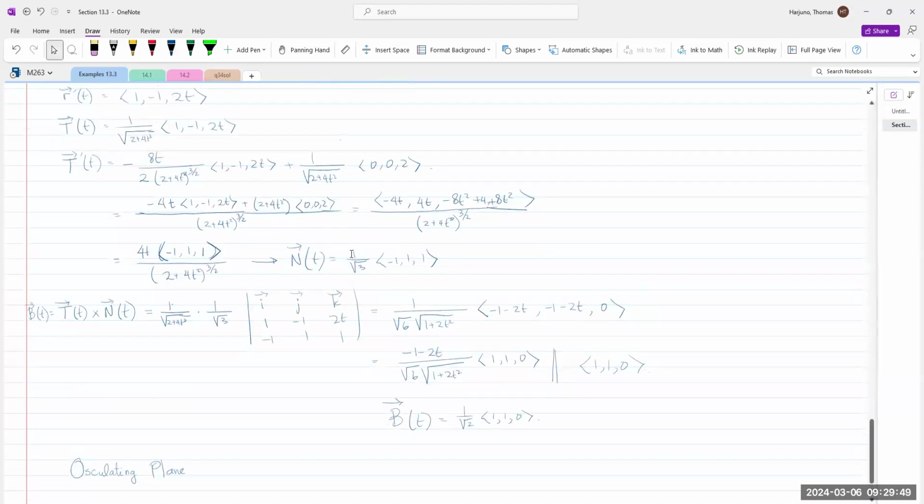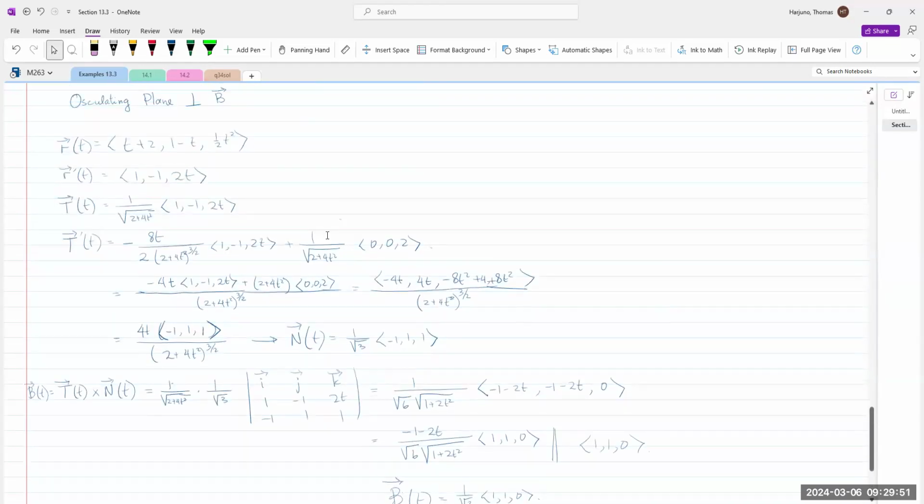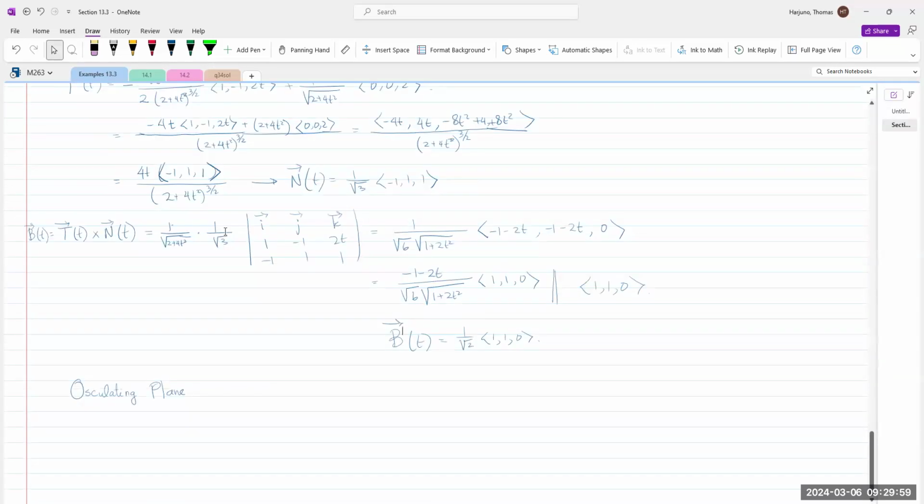To be honest with you, I kind of question myself now. I don't want to say this is equal to; at least that's not what I have. I just want to say that this is always a scalar multiple of these.